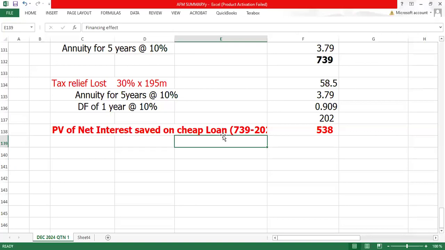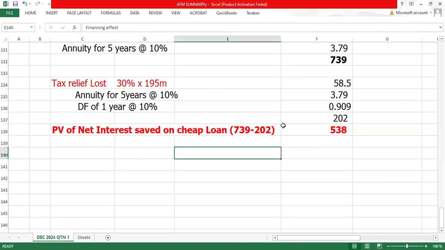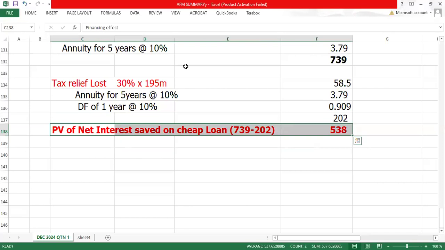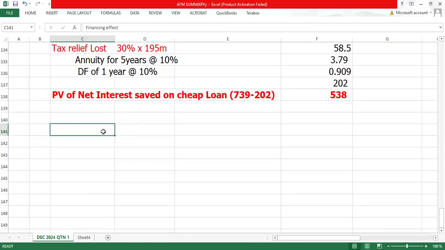And once you're there, you will see the reason why I did this: in the guide, the examiner, the one who made the guide, didn't do it like this. For him or her, the one who did the marking guide, he looked at what?